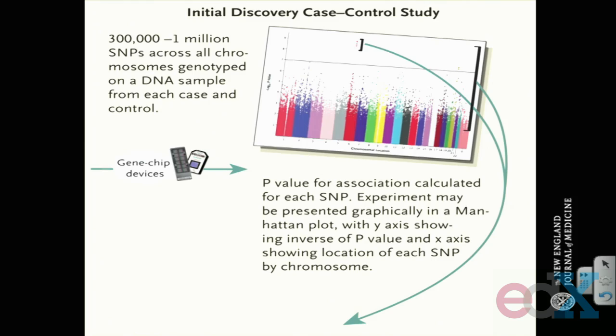And some very smart people in the Boston area actually came up with the graphic form of a Manhattan plot, which is illustrated here. So each of the chromosomes are listed here in a different color, and each dot here represents a p-value. So you can hone in on a specific genetic variant in each of the chromosomes.